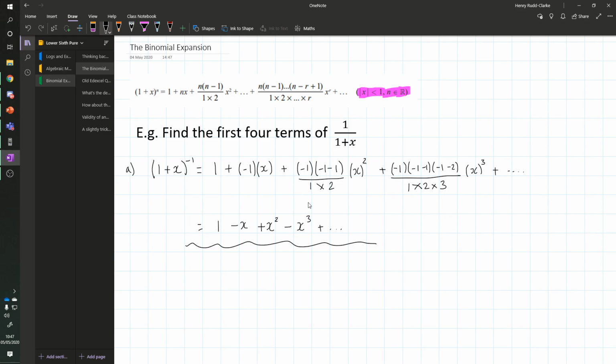Or if I wanted to do a differential or an integral, and I didn't care about the exact result, I just wanted a good estimate for small values of x, i.e. less than 1, then I could use this version instead, because it would give me a good estimate of what's going on, at least for these values, for 1 over 1 plus x. Okay, so quite simple, really.